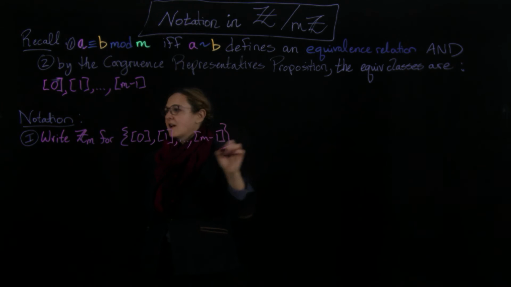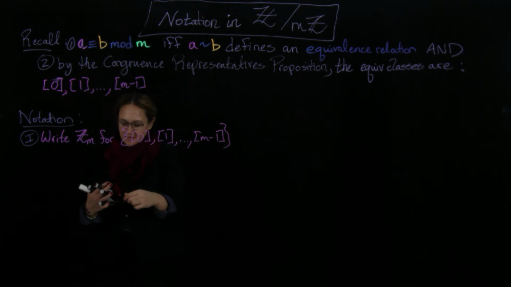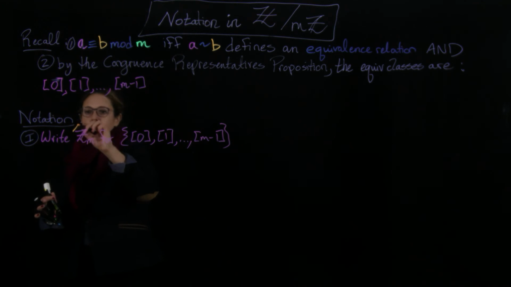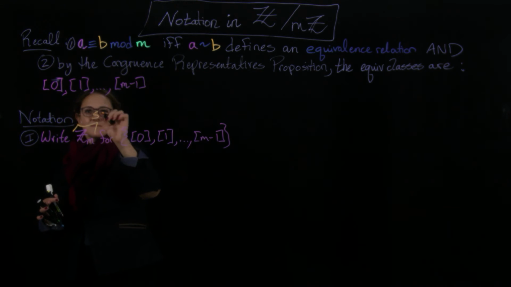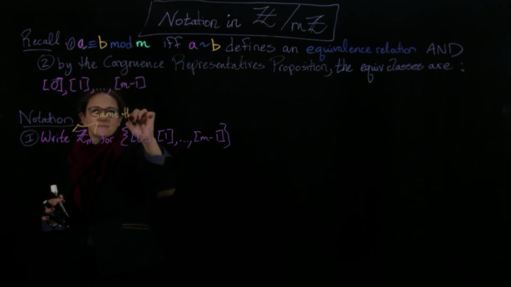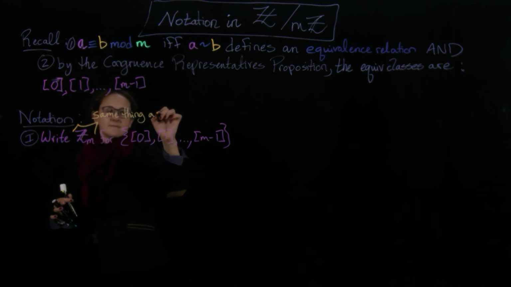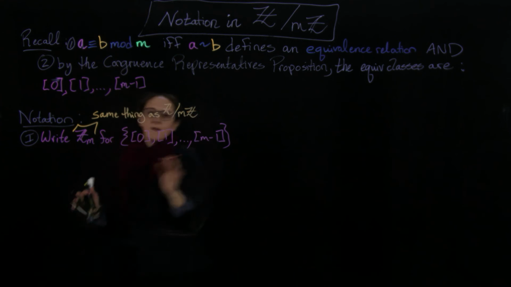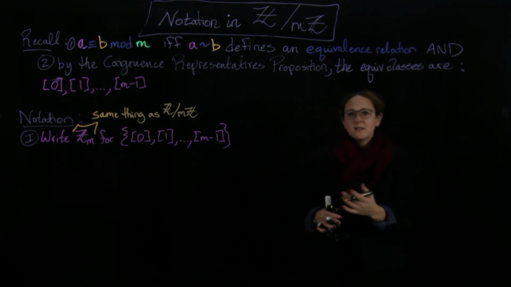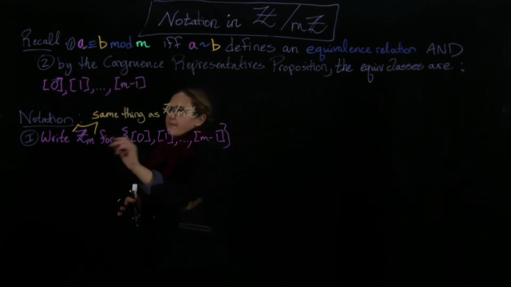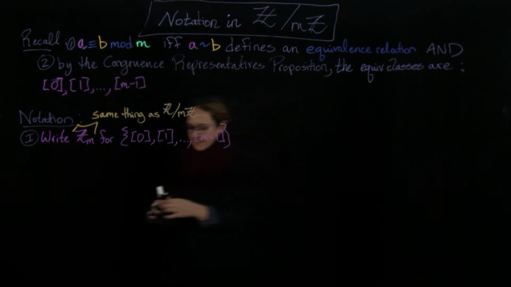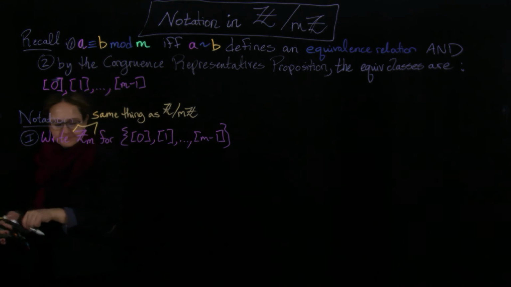So that's the first thing. This is actually the same thing as Z mod MZ. We're writing these as a set, but they're going to have a ring structure to them. So the second thing.